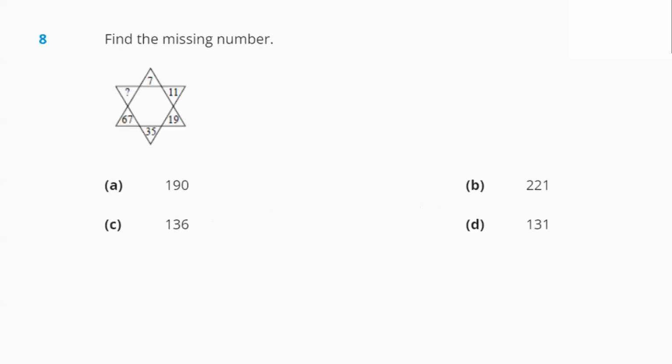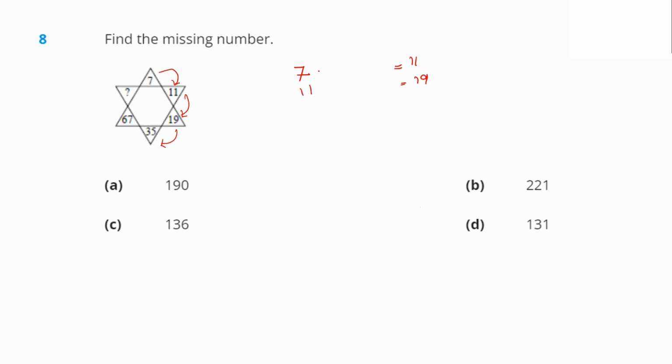Moving on to the next question. Find the missing term. To find the missing term, we'll find the relationship between these two, then these two, and these two. So what should we do to 7 in order to get 11? What should we do to 11 in order to get 19?